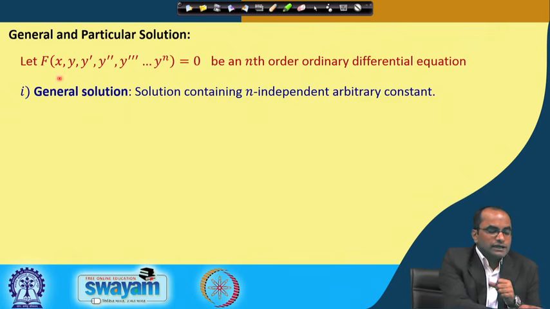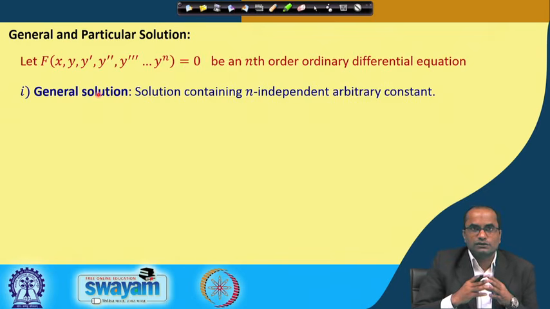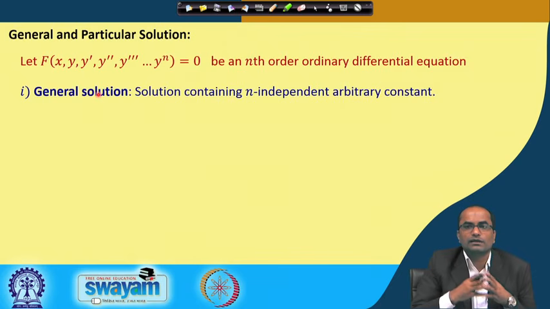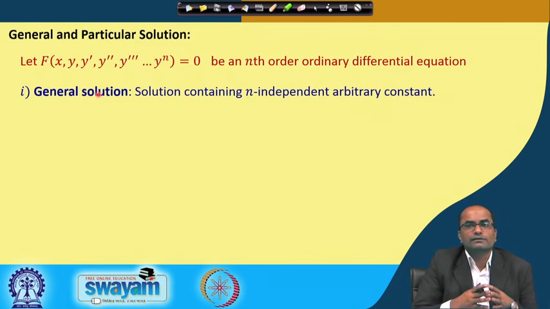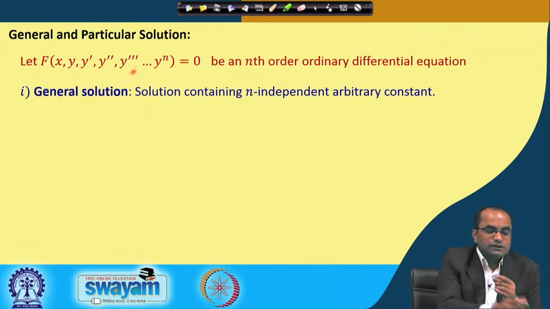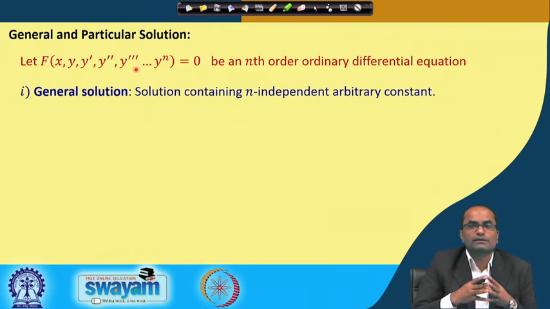That is exactly the definition of the general solution: the solution containing n independent arbitrary constants. Any solution of a given nth order ordinary differential equation that has n independent arbitrary constants is called a general solution.